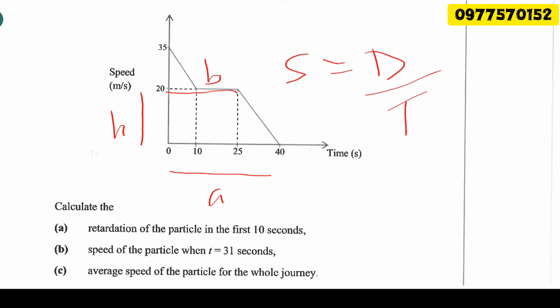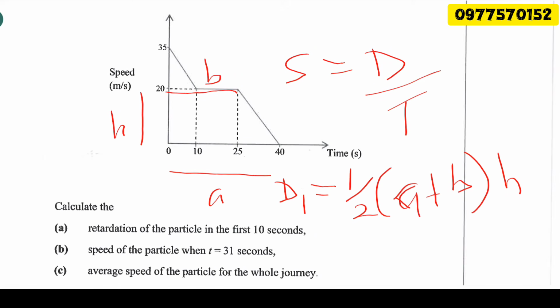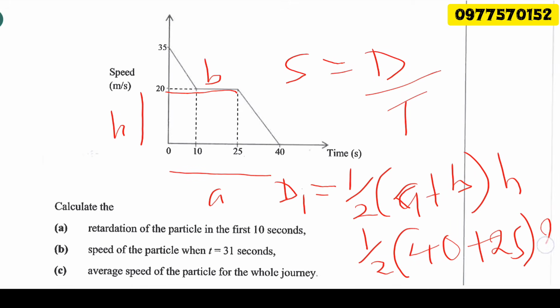So we're going to say distance 1 is equal to half, open bracket A plus B, close bracket, H. So half, A from 0 to 40 is just 40, plus B, from 0 to 25 is just 25, and the height is 20.